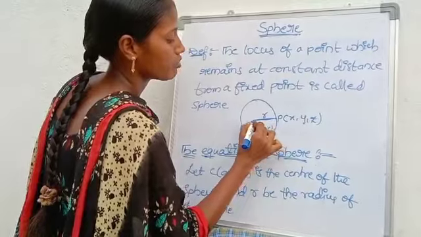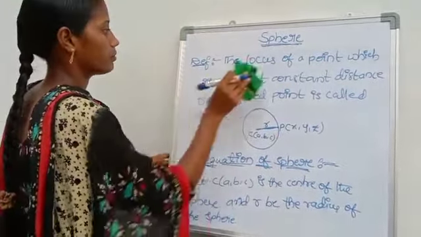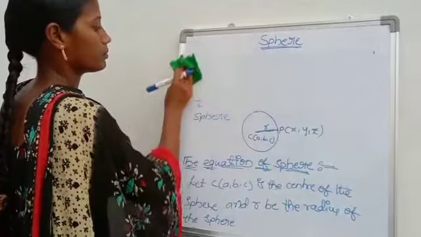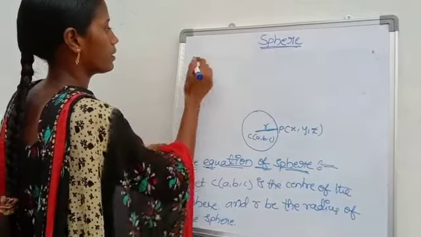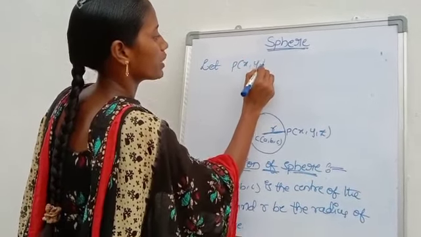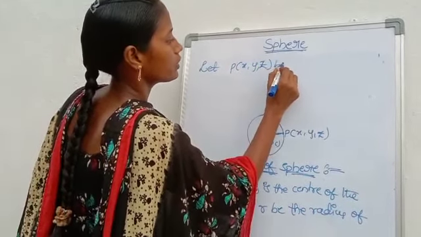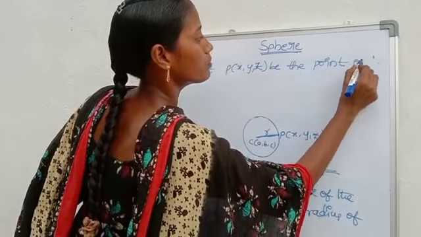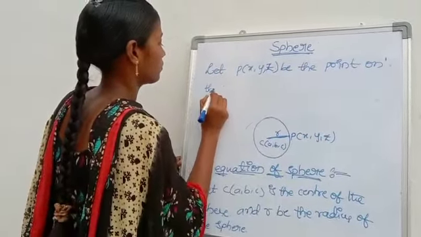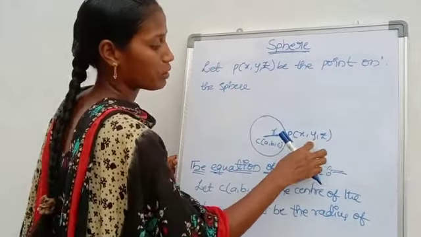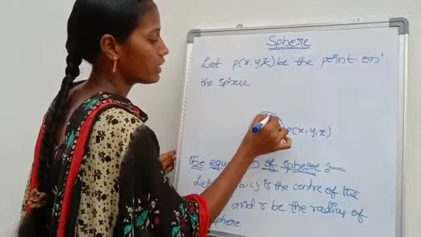This is the radius of the sphere. Let P of x comma y comma z be the point on the sphere.